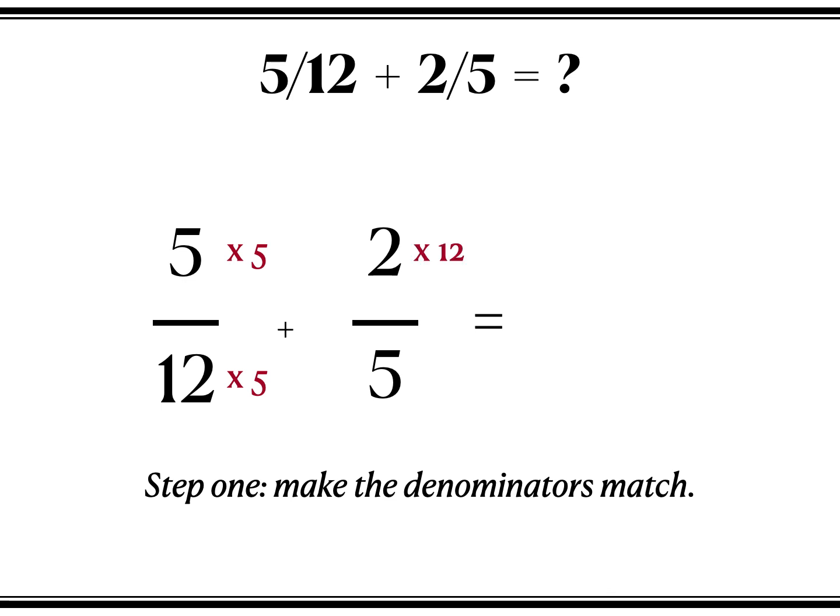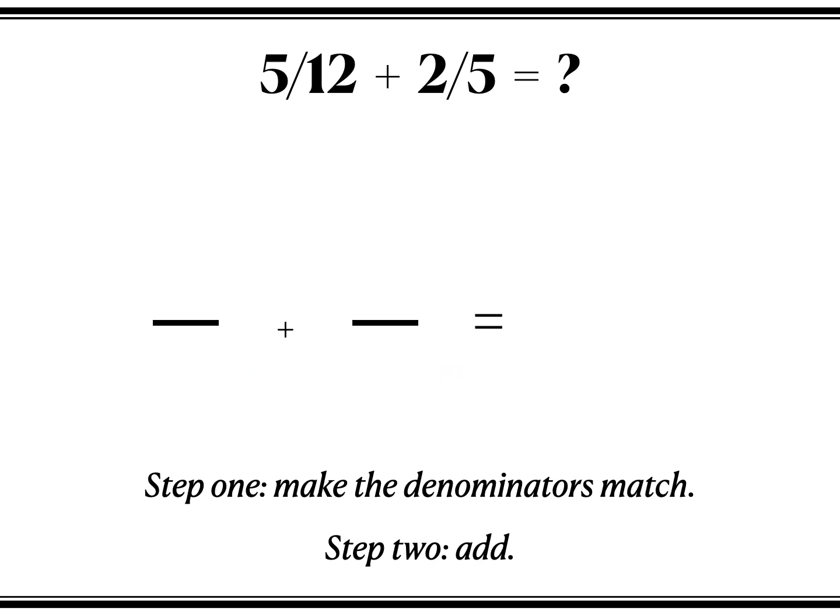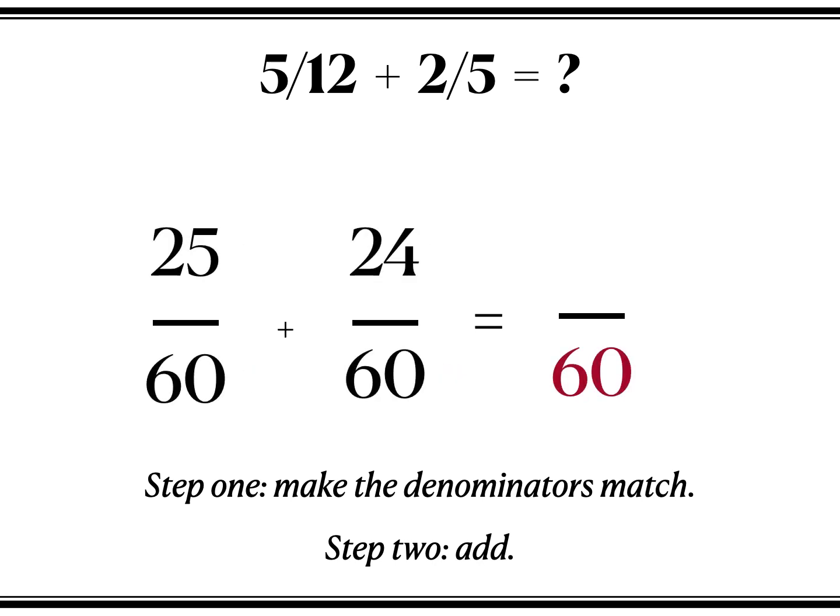So in this case, 2 times 12, because 12 is the denominator of our other fraction, and 5 times 12, which we will then add. So we're doing 25 over 60 plus 24 over 60, and that gets us 49 over 60. It's not the prettiest of fractions, but it can't be simplified further, so that's our final answer.